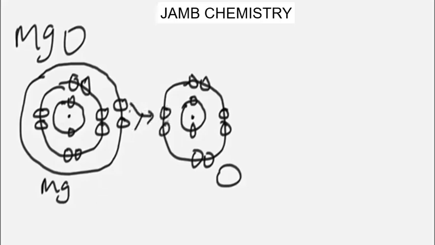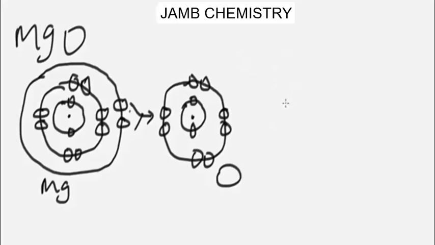When it loses these two electrons, it will form a magnesium ion, a double positively charged ion. Whereas oxygen will form a double negatively charged ion.